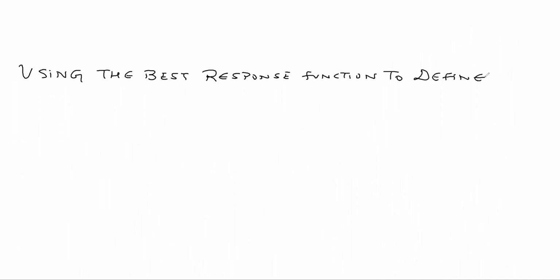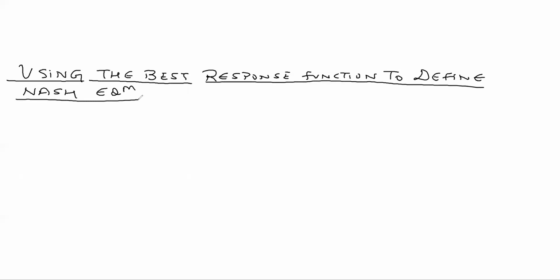If I use the concept of best response function to define the Nash equilibrium, it is going to look like this. Okay, so first of all, let us understand what is a best response function. Now we look at the definition. Best response function. Now, I'll be using some mathematical rigor.